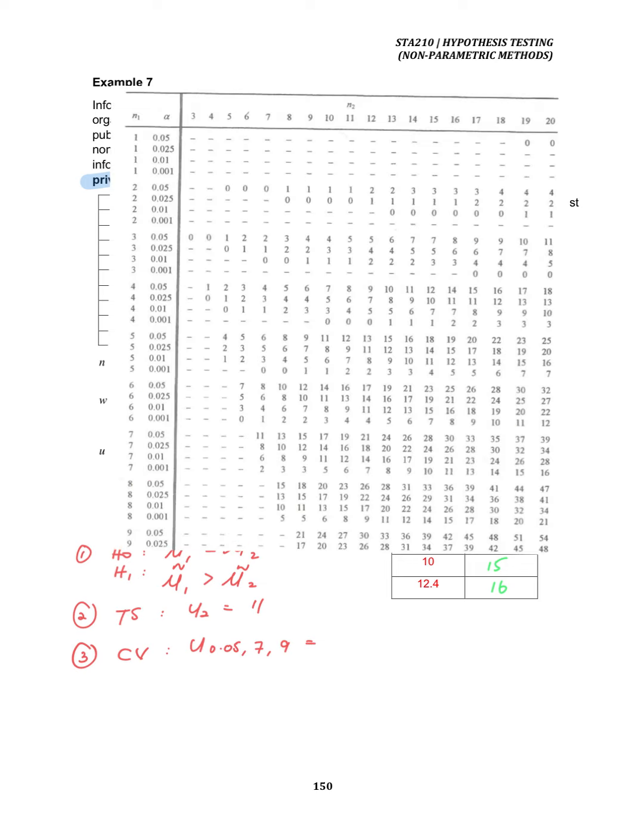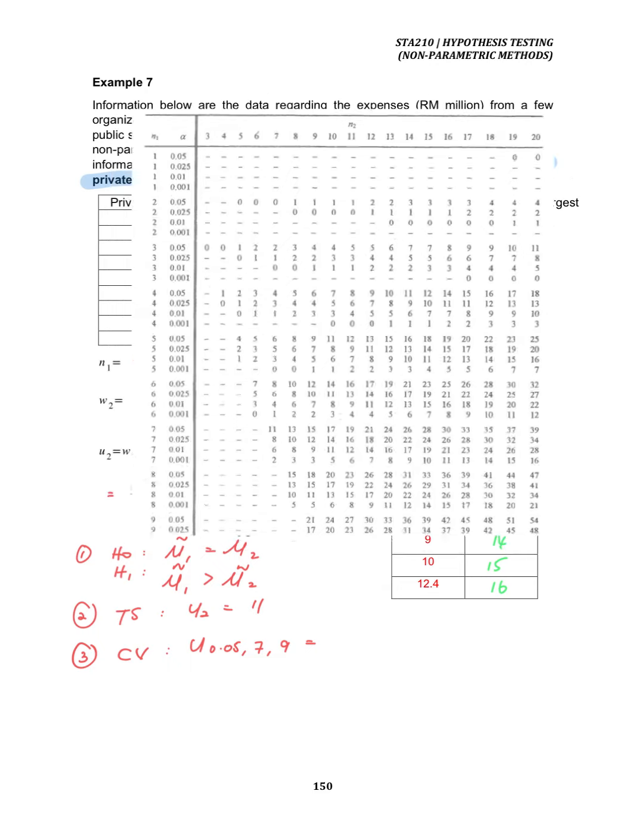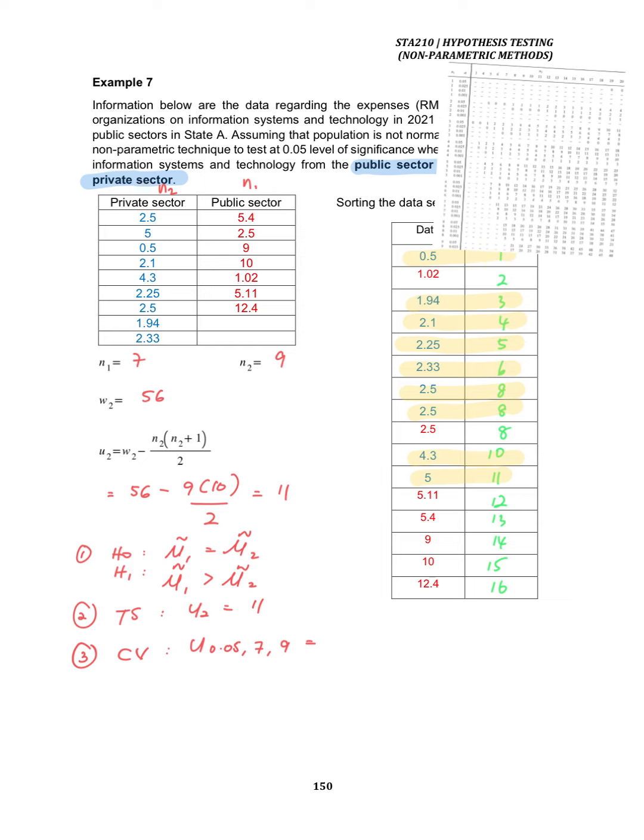So kalau kita tengok kat sini, kita punya table, kita nak cari alpha 0.05, N1 kita 7, N2 kita 9. So this one is 15. Okay, so our critical value is 15.